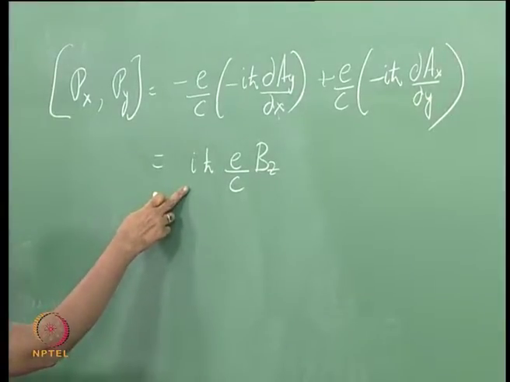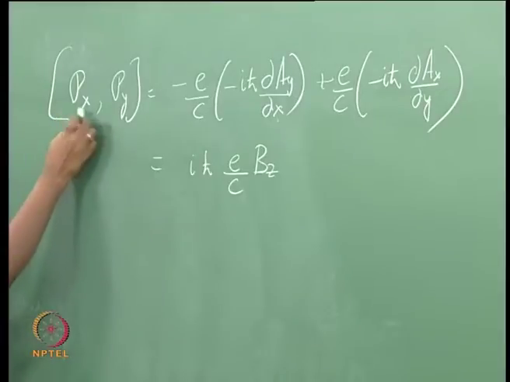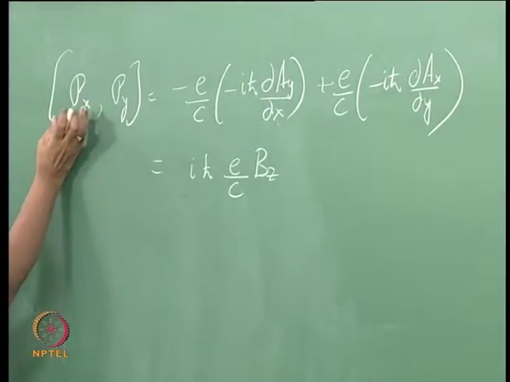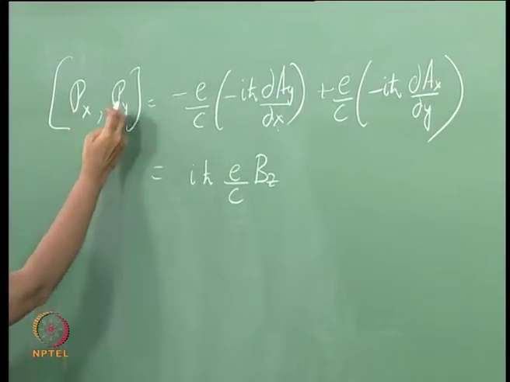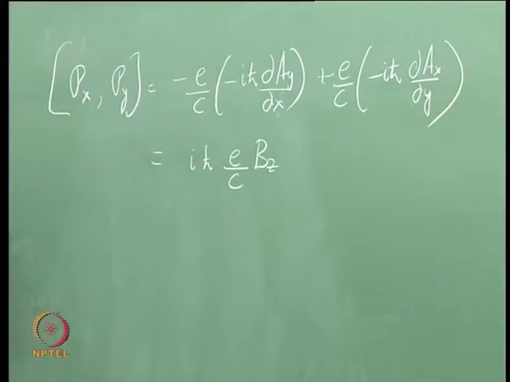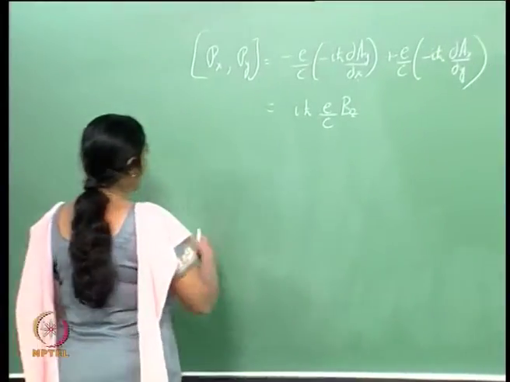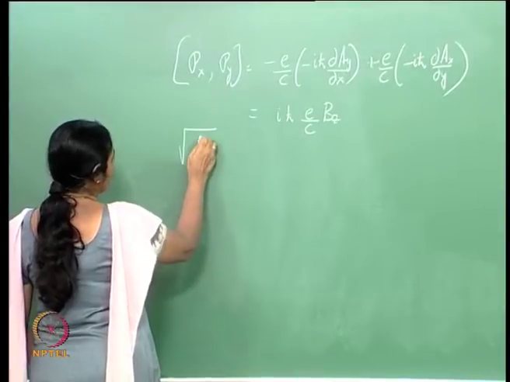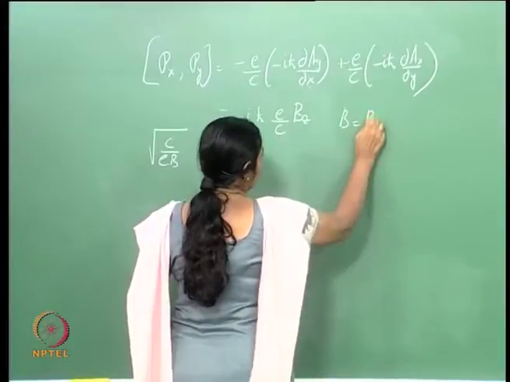which means that it should be possible for me to scale things here. I should be able to give appropriate values for scaling Px and Py in such a fashion that I simply get iħ as my answer. And that is what I would try to do now, because if I have root of c/eB, let us now say that B is B along z.